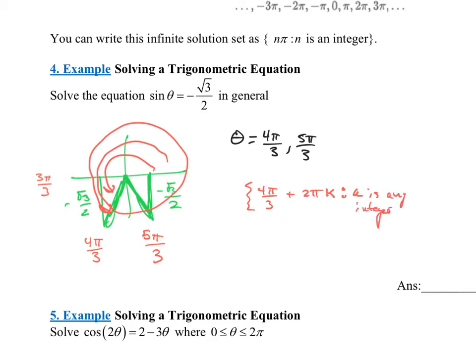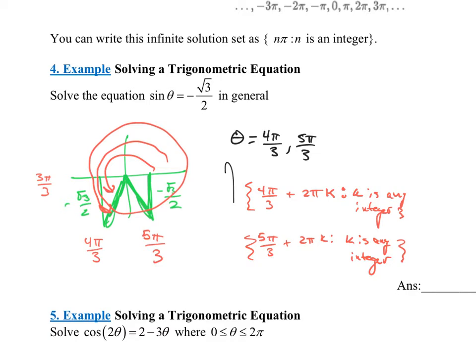Okay, that's what it would look like right there. We could also do the same thing with 5 pi over 3. So we could say 5 pi over 3 plus 2 pi times k, where k is any integer. Okay, so that's how you would write the general solution for those problems.